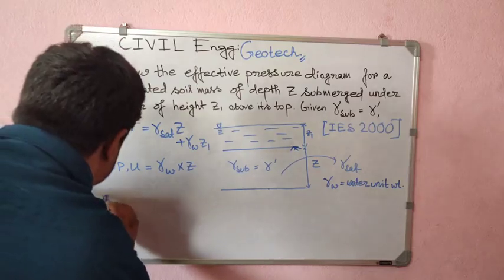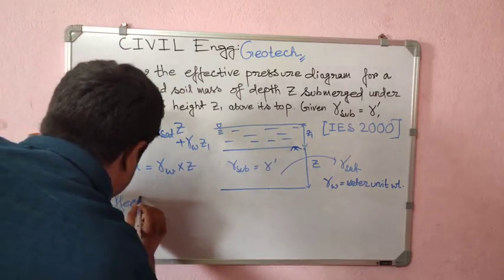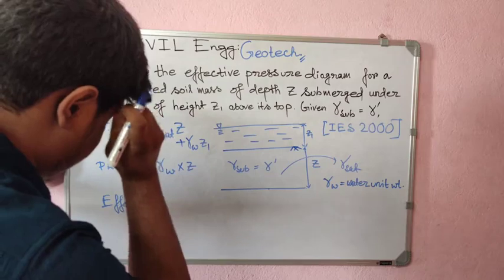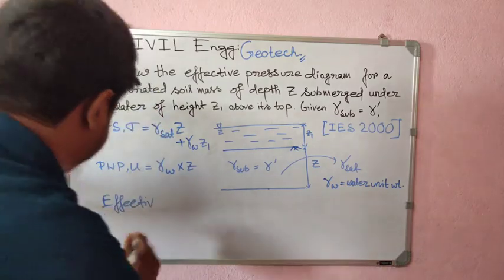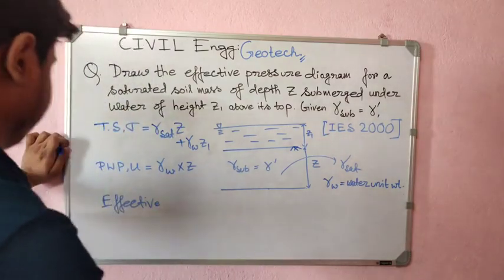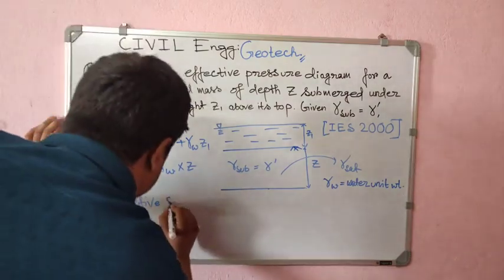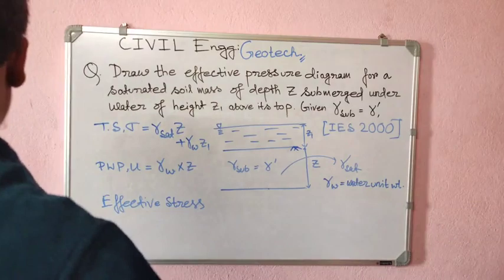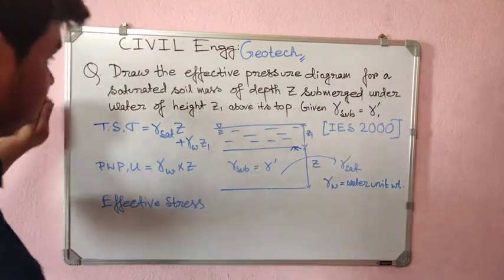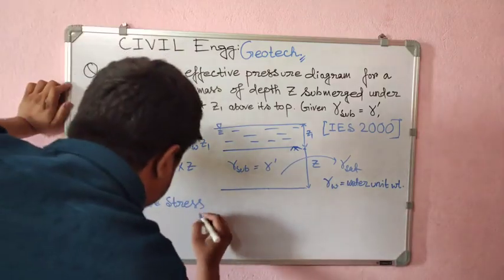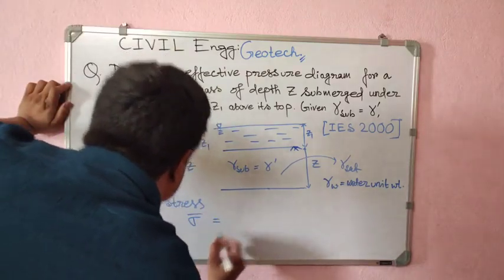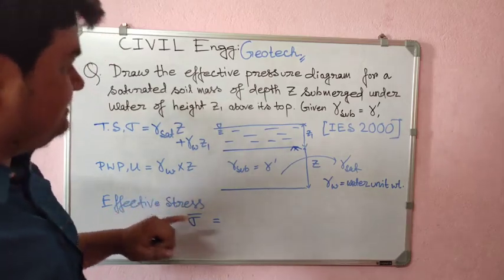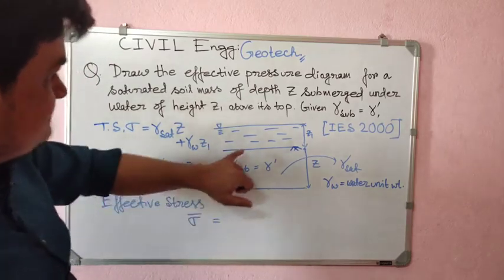So after that, effective stress, sigma dash. Look here, there is another catch. This is the pore water pressure plus this.